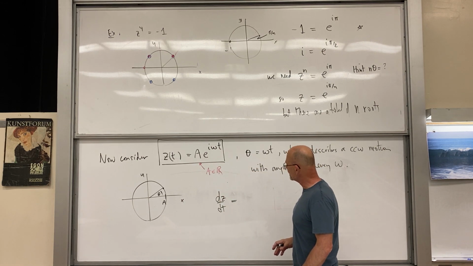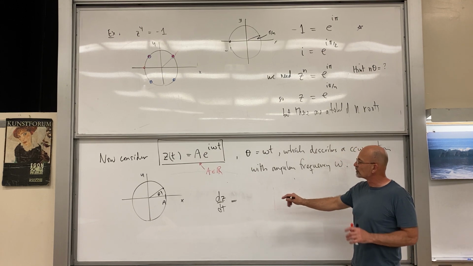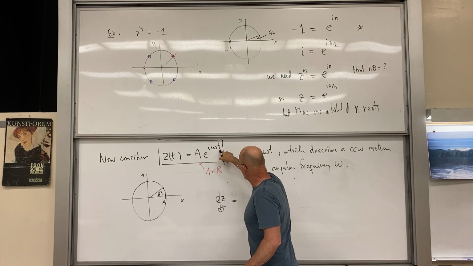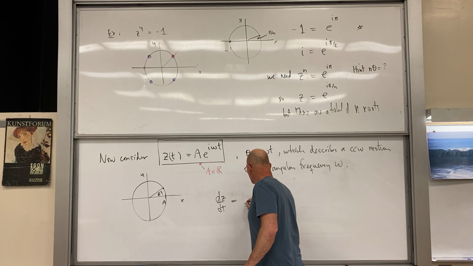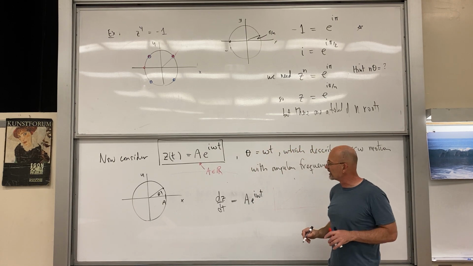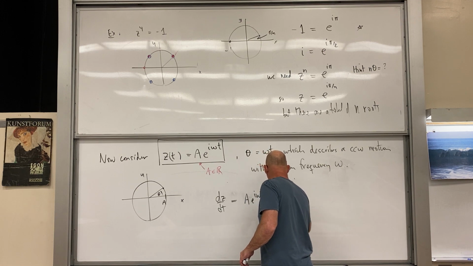Difference quotients, limit, all works well. Therefore, with respect to time, we have a e to the i omega t because it's the exponential function, and then the inner derivative gives us times i omega.